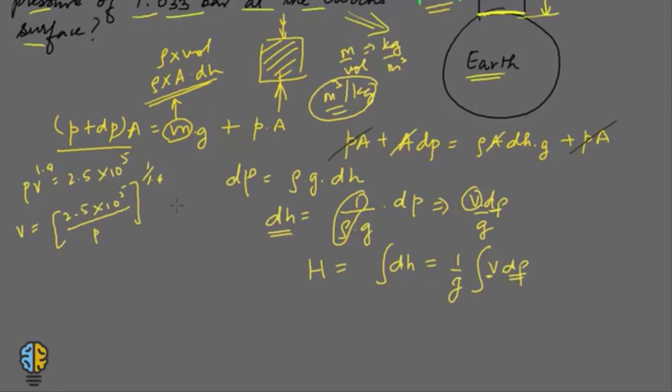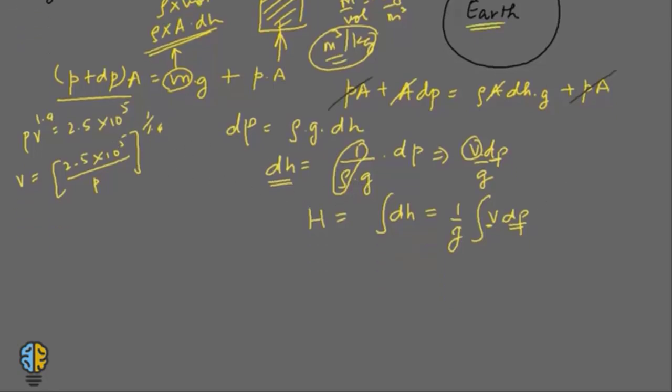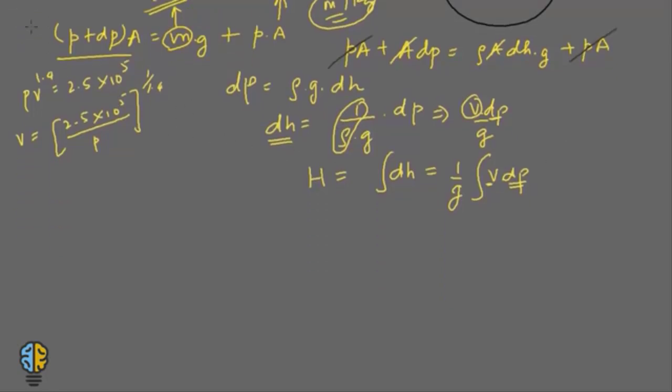Okay, so let's put it here, and we would get capital H is equal to 1 by G integral 2.5 into 10 to the power 5 upon P to the power 1 upon 1.4 dP.